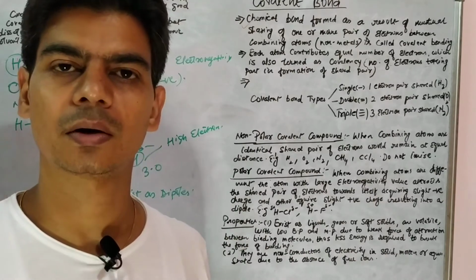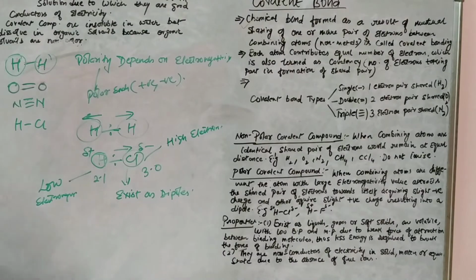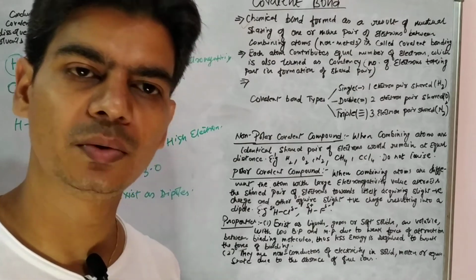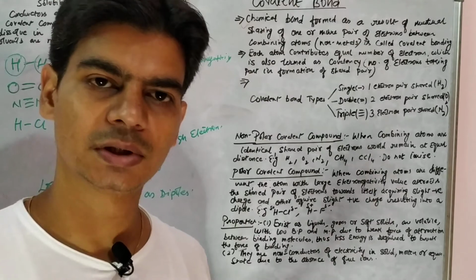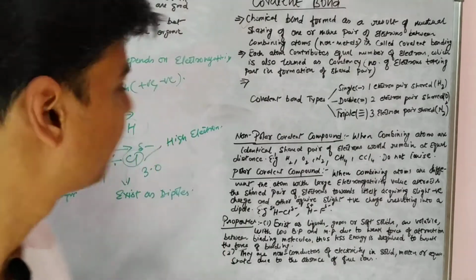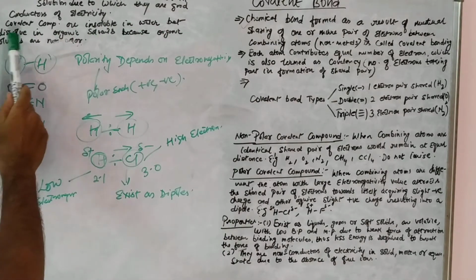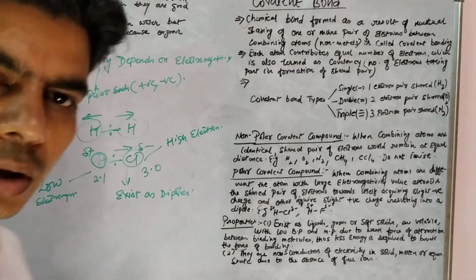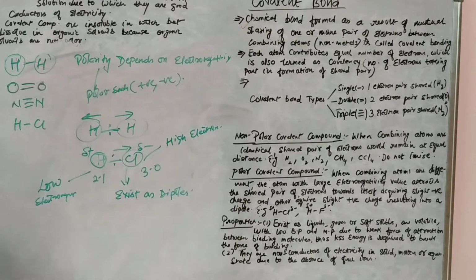Because organic solvents also exist as molecules, and covalent compounds also exist as molecules, right? We know that like dissolves like. So covalent compounds are insoluble in water but dissolve in organic solvents because organic solvents are non-polar and exist as molecules. That is why they are soluble in organic solvents.